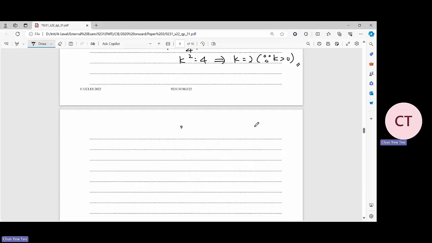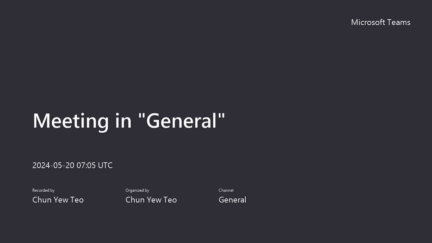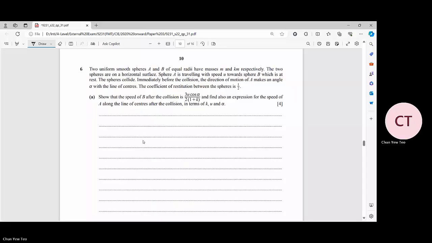Okay, so now we move on. Okay, question number 6. Two uniform smooth spheres A and B of equal radii have masses m and km respectively.